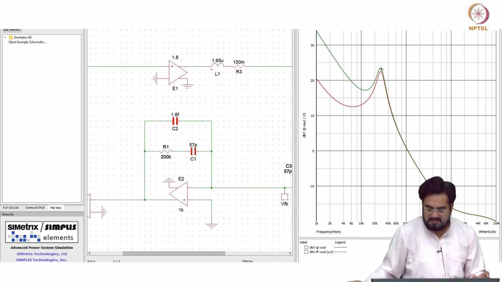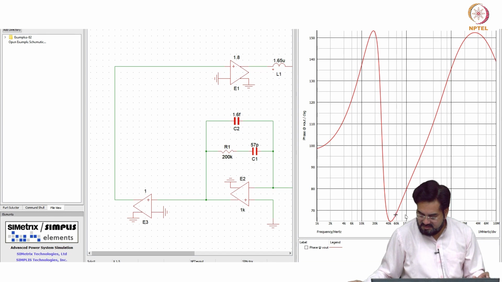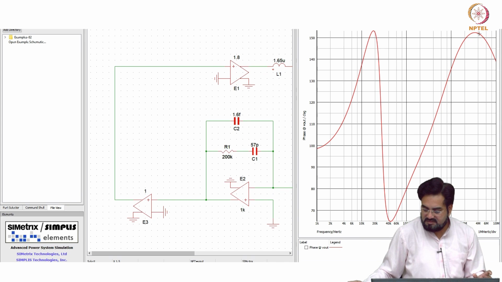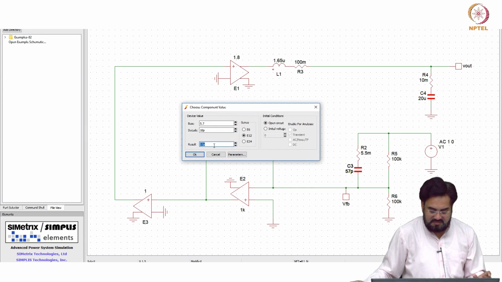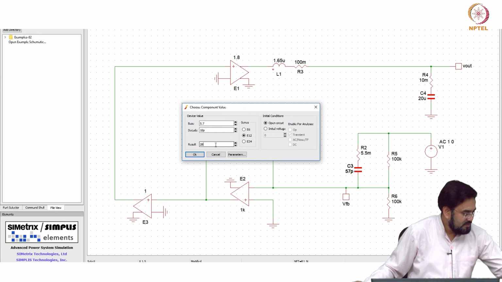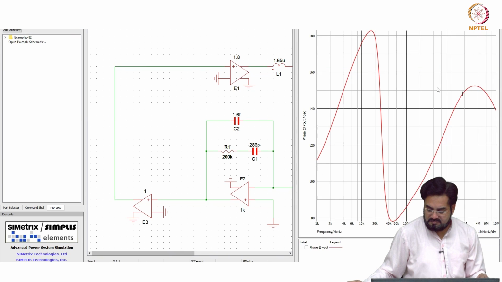So the phase margin is roughly 80 degrees we are getting here, and if I make it lower, you will get slightly higher.